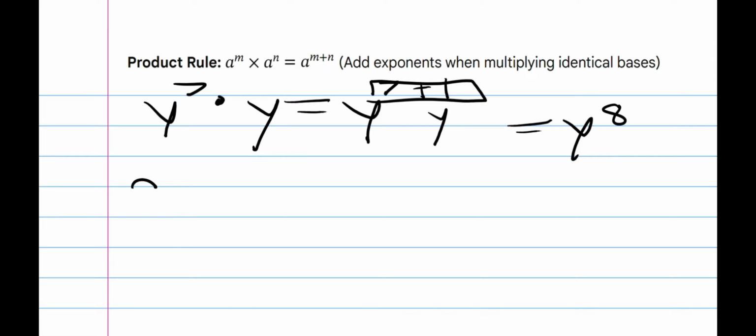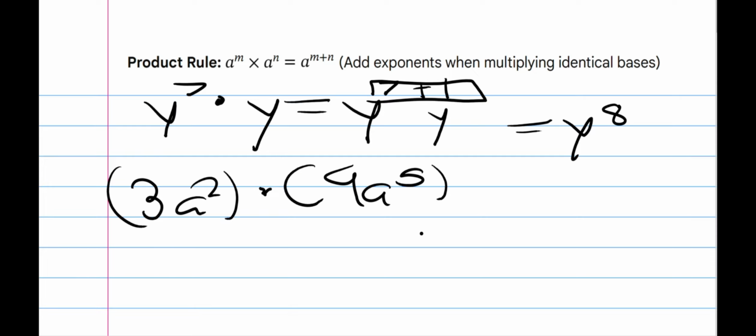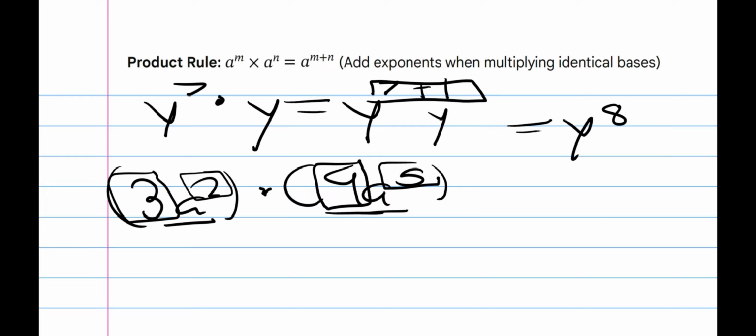Another example would be 3a squared times 4a to the power 5. If you observe, we have the same base, but we have different coefficients. Nevertheless, the important thing here is we have the same variable or the same base, and the difference is in the numbers and in the exponents, but that doesn't matter.